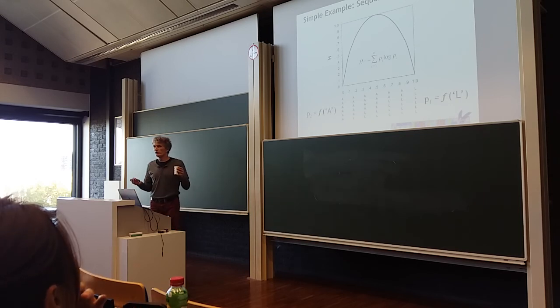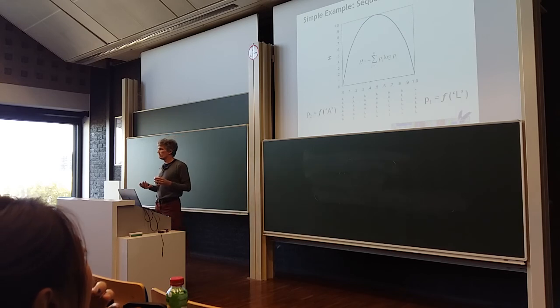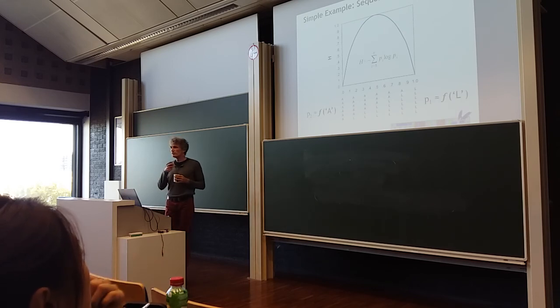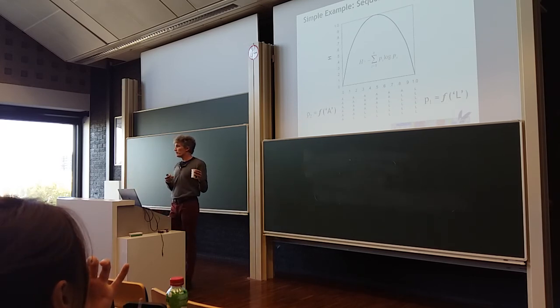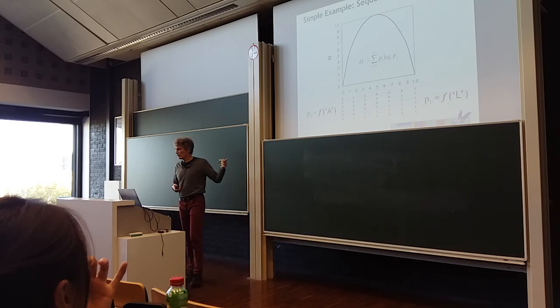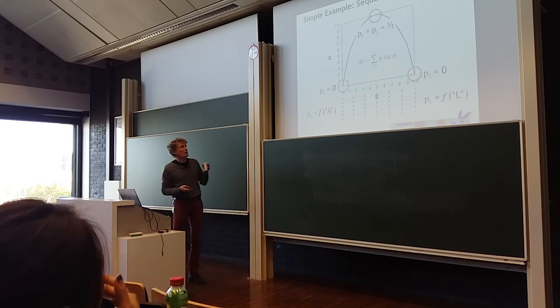You can't really easily do this in a 2-dimensional plot because you have 3 frequencies. Sorry, this is 2 frequencies. It's 1-dimensional because they have to add up to 1. But if you have 3 frequencies, then there are 2 dimensions, right? So you can't easily plot it. Okay, so this is what I just said.